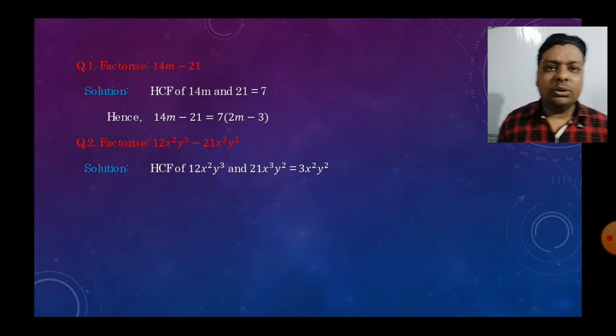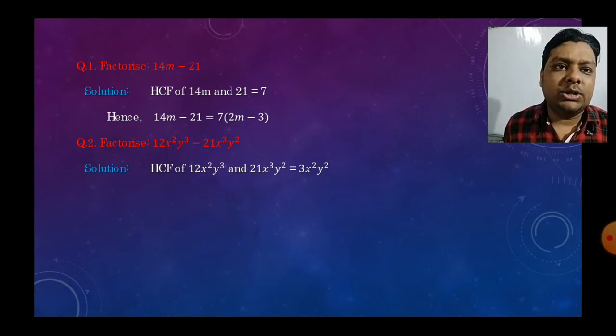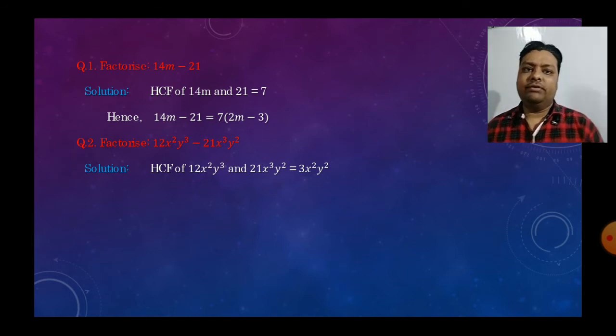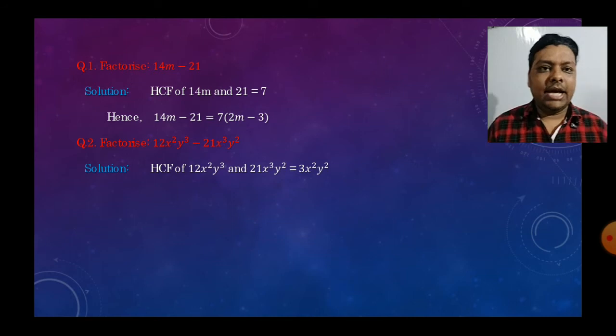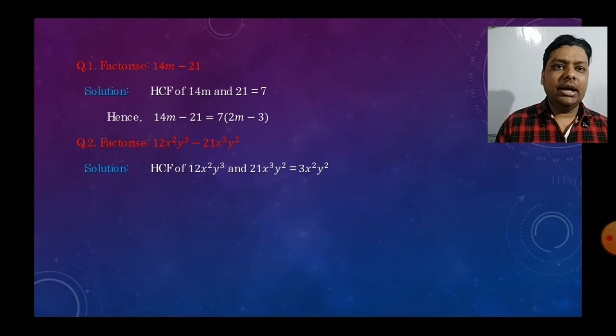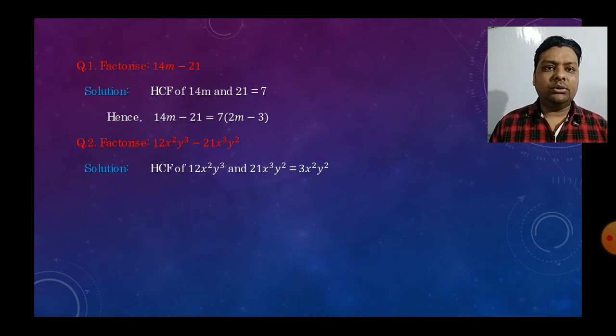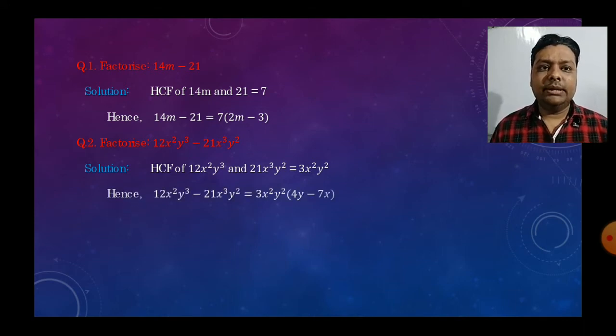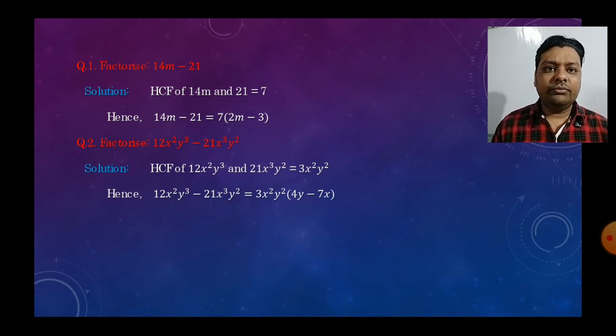Altogether, 3x square y square is the HCF of 12x square y cube and 21x cube y square. We take that outside the bracket and write the rest in the bracket. 3 times 4 is 12, so we write 4 in the bracket for the first term. x square is already taken out, y square is also taken out, but y cube had only y square taken out, so one y is left.